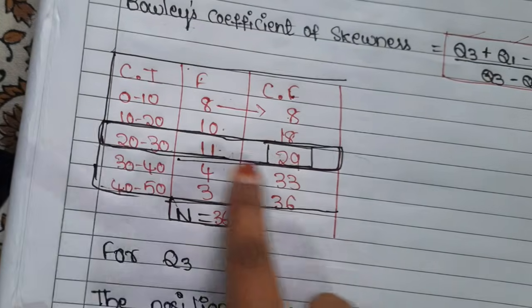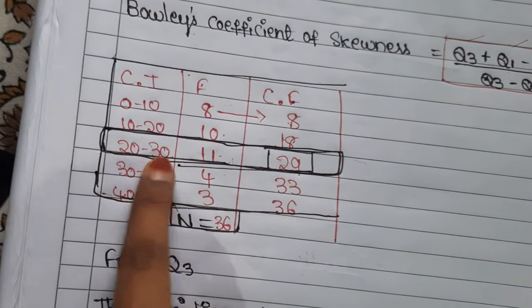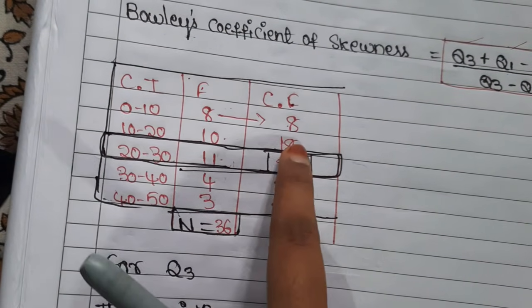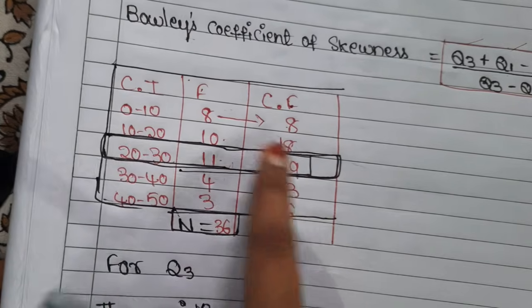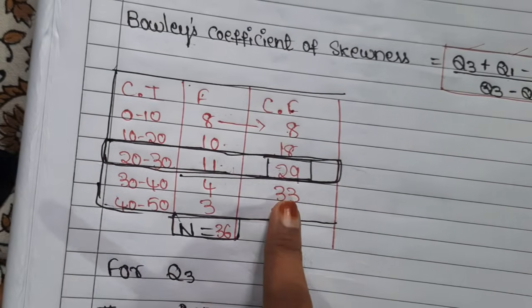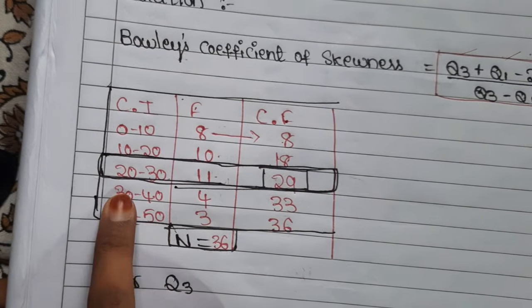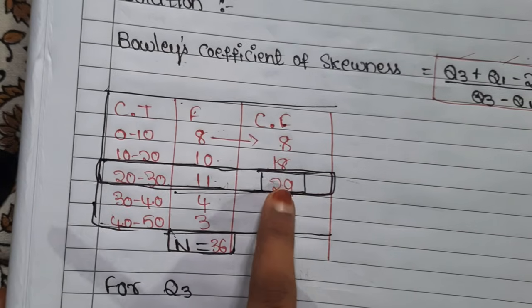Yes or no? 20 to 30? Here 29 is lying in the class interval of 20 to 30. If the cumulative frequency used to be 18, we would take 10 to 20. If it used to be 33, we would take 30 to 40. But here we got 29, so we are taking 20 to 30. So the quartile class is 20 to 30.